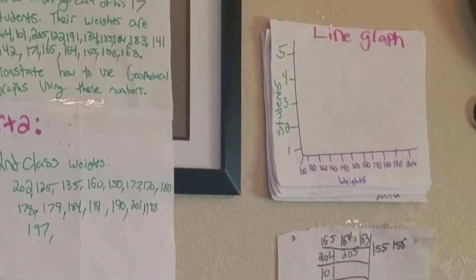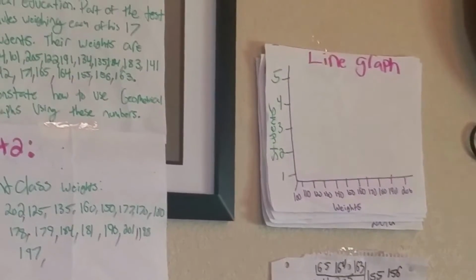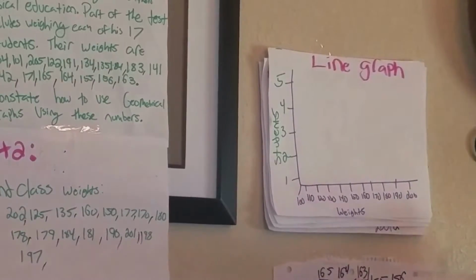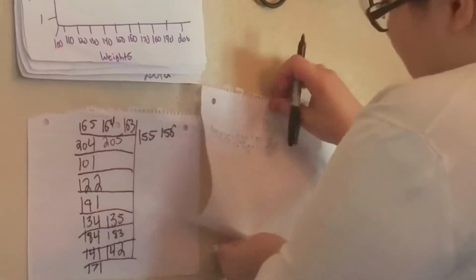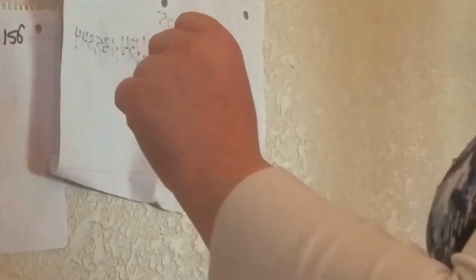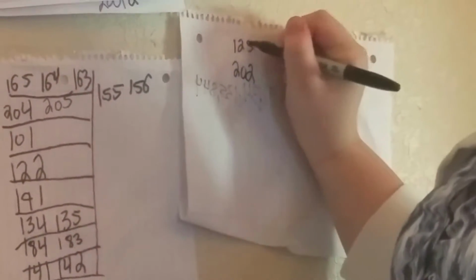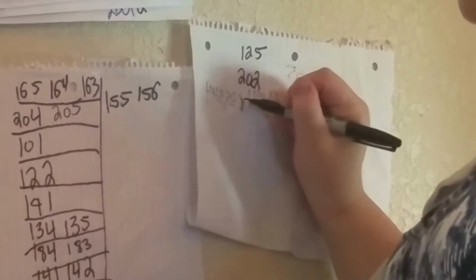So we're also, just like last time, going to write out our problem. So this is our Mr. Smith class, and now we're going to write out the second class in comparison numbers. So we've got 202, 125, 135.